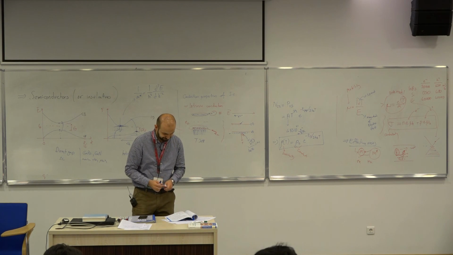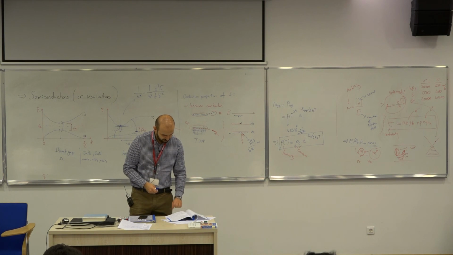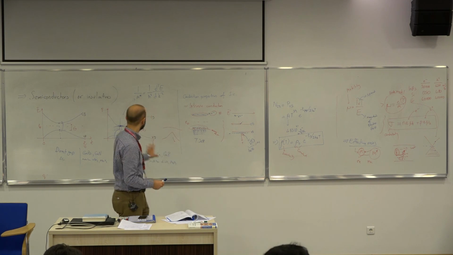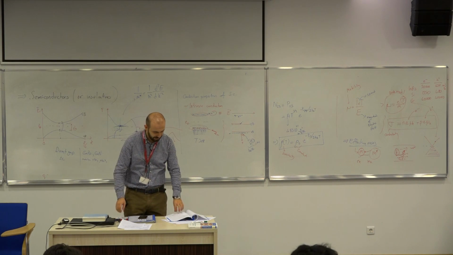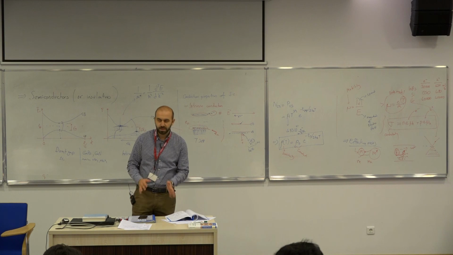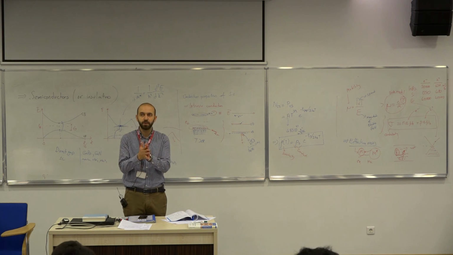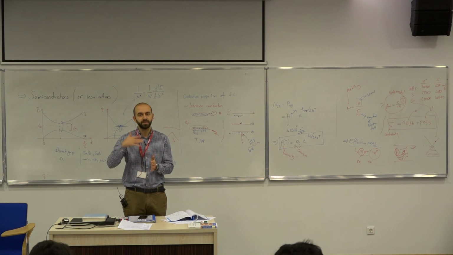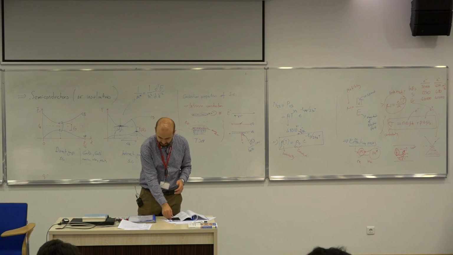Next week I'll introduce a few more concepts regarding semiconductors, and then we'll start looking at surfaces of semiconductors. We'll start bringing semiconductors together, and from that point on we'll have the basics finished.